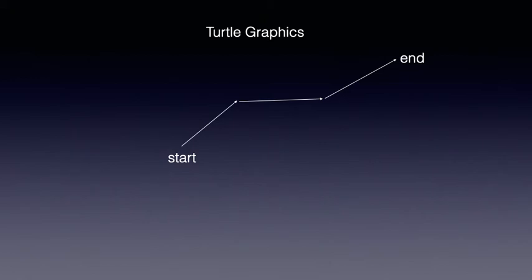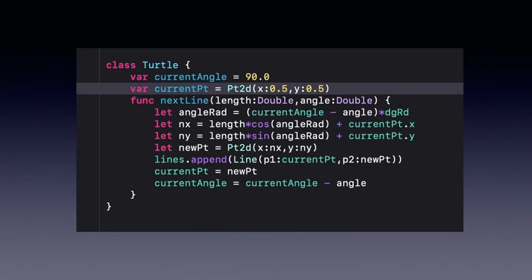Let's move on and take a look at a turtle function. To implement the turtle functionality, there needs to be the concept of the current position and the current angle of travel. What is provided to the function is the length and angle for the next segment.